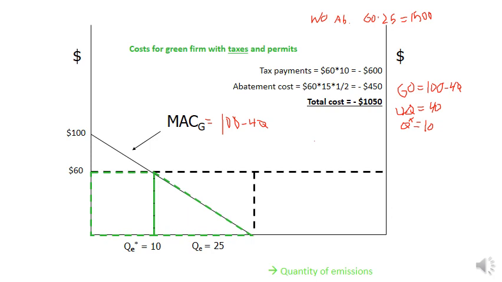From there, we figure out how much we're paying in taxation, 10 units of emissions times $60 per unit emitted, and we also want to know how much it cost us to abate. Putting that all together, between the abatement cost and the tax, the green firm is paying $1,050.